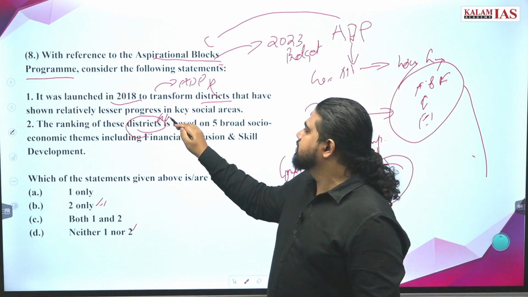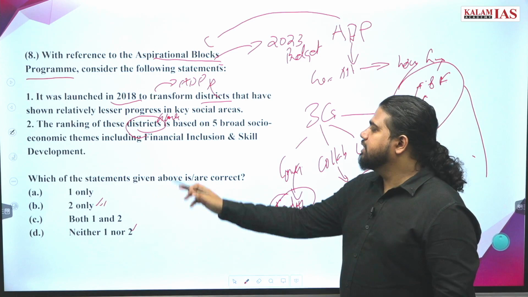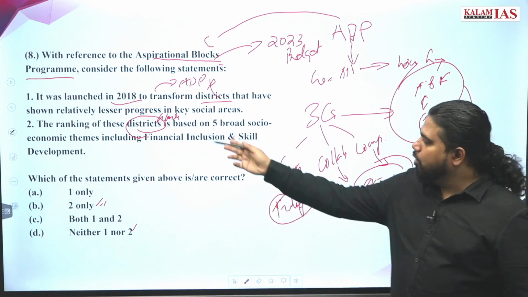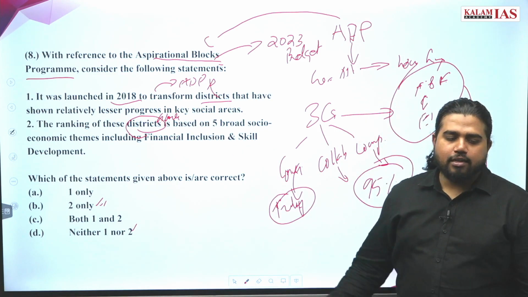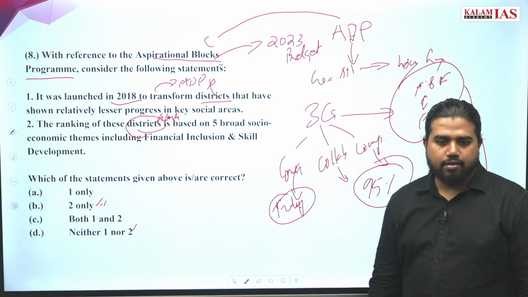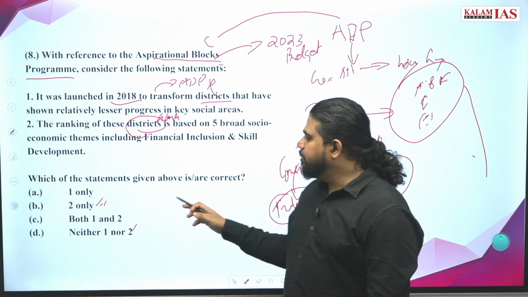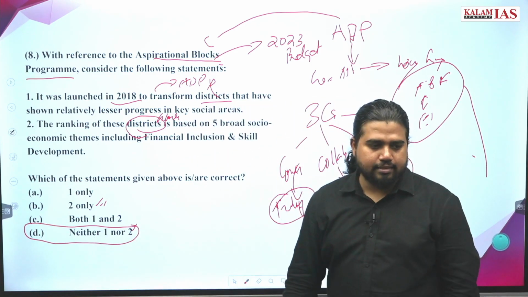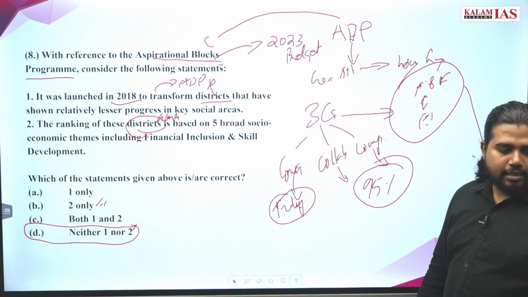It will be blocks based on 5 broad socio-economic themes including financial inclusion and skill development. If it is blocks, it's a more correct statement. The themes will be almost the same, but this is also a statement taken from the aspirational district program. So the most probable answer here is that both these answer options are incorrect. There may be a mistake in your material, you can correct it.